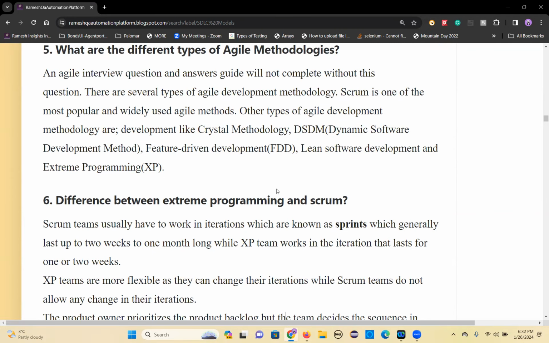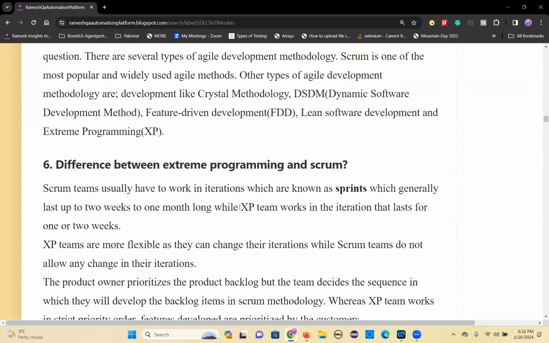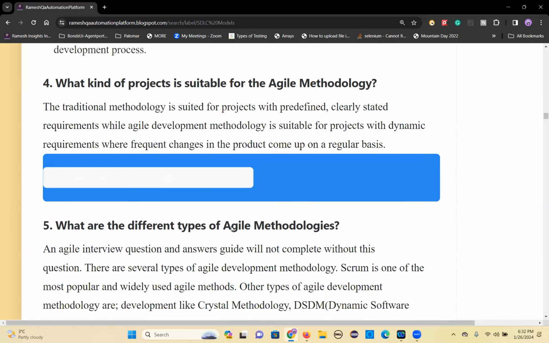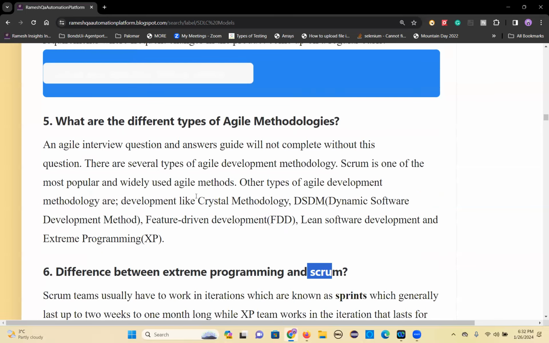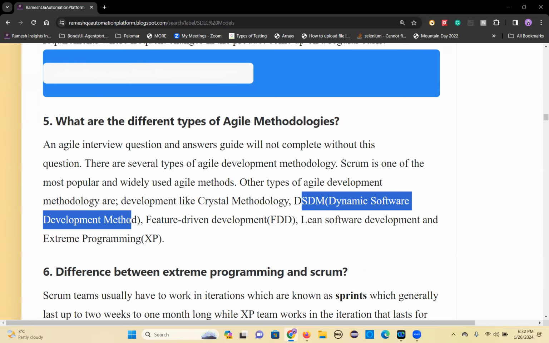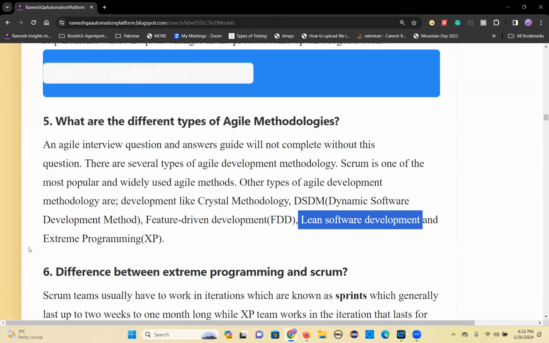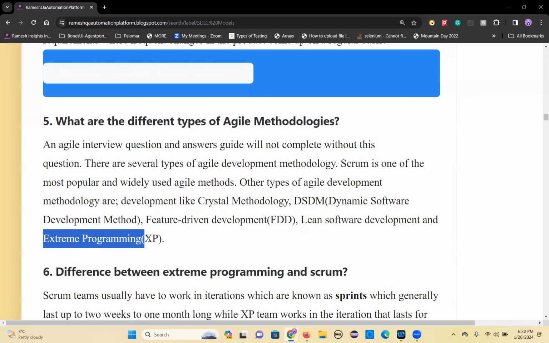Some companies will follow others, but it's the same process. So extreme programming and Scrum, these are the types, you just know them: Crystal, dynamic software development methodology, feature-driven development, lean software development, extreme programming, and the Scrum process.